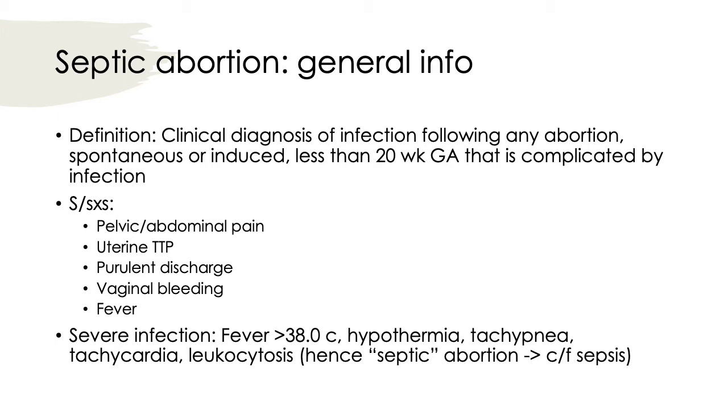Severe infection may present with a fever of greater than 38 Celsius, hypothermia, tachypnea, tachycardia, and/or leukocytosis. So remember, the septic in septic abortion is because this could rapidly progress into sepsis or septic shock.